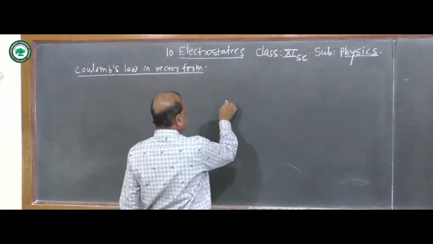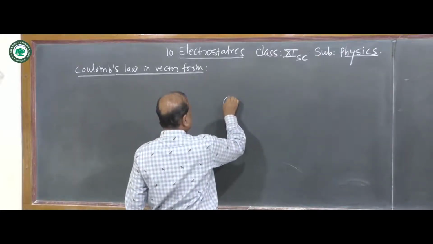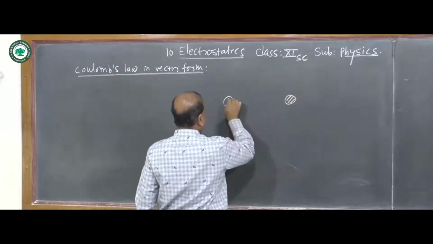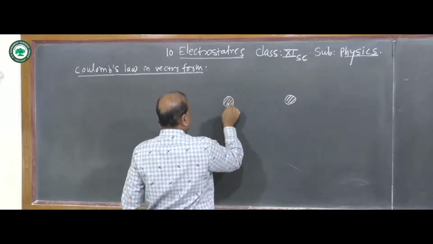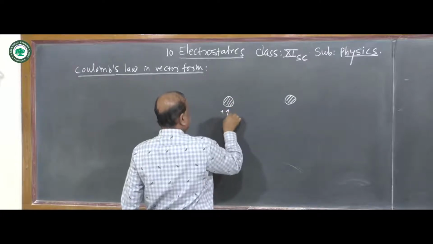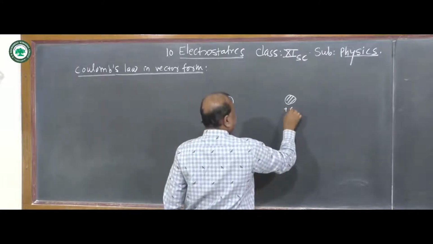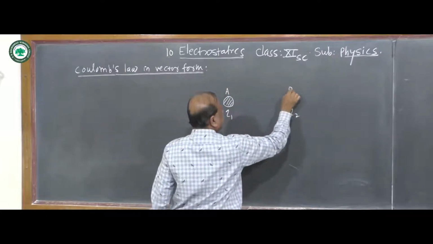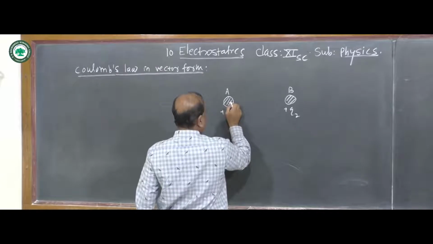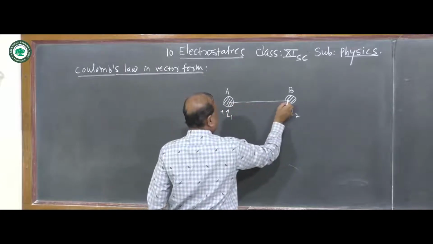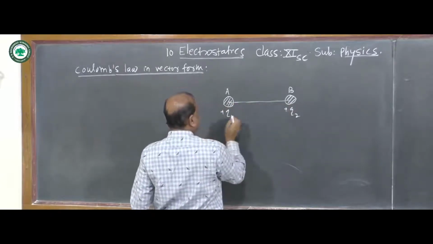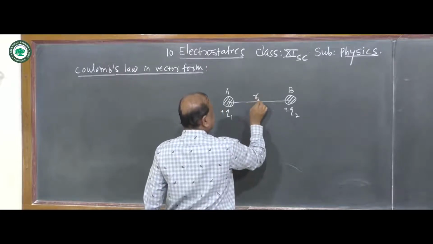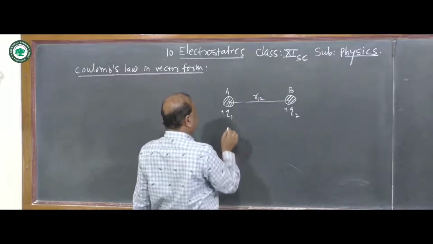Now here consider these two charges, plus q1 and another plus q2, which are situated at point A and point B. Now the distance between these two charges is r12.